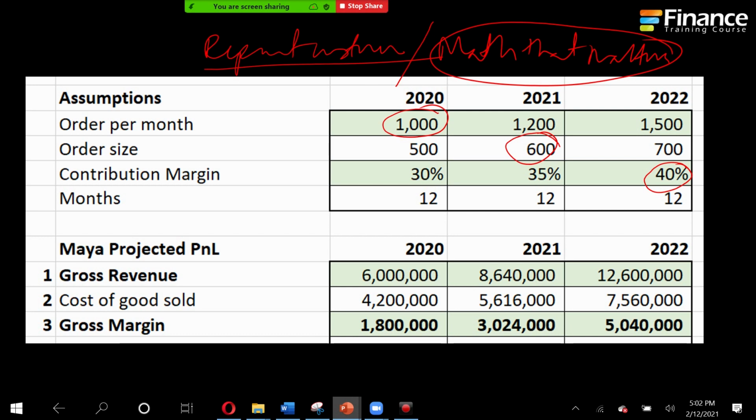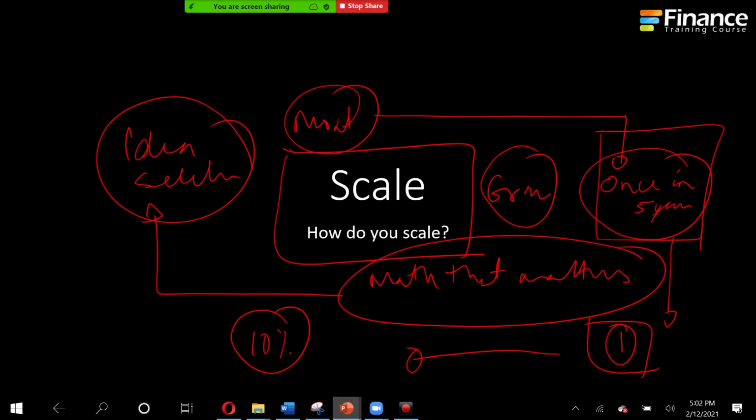But if you don't understand the unit economics, if you don't understand the relationship between this and scale, then you are going to run into trouble. And if you do, right? So, if you had explained this to me 30 years ago, I would have made very different choices in terms of the business and the ideas and the concepts and the teams I chose to work with. I may have done things differently.